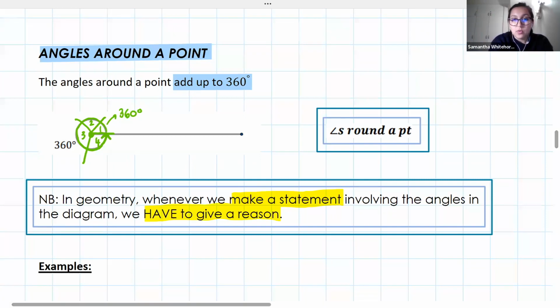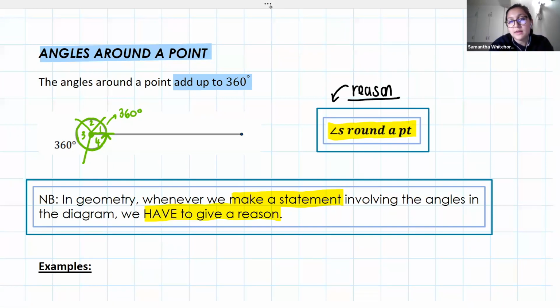Now, you'll see throughout all of these lessons, these little things that I put in the blocks, these are the reasons that we have to give. So we will make a statement and we have to give a reason. Right, so the reasons are important because it tells your marker, or your teacher, or yourself why you are doing what you are doing.